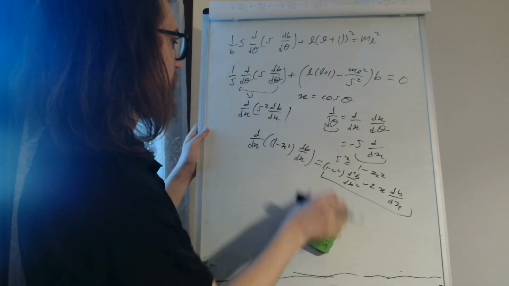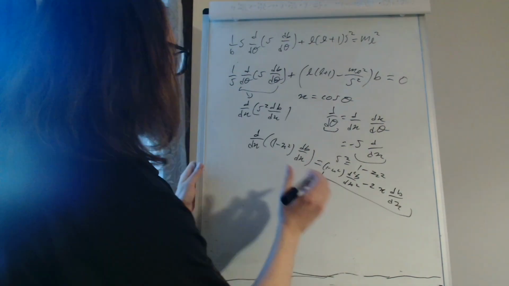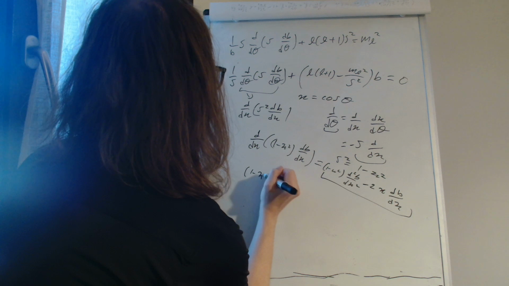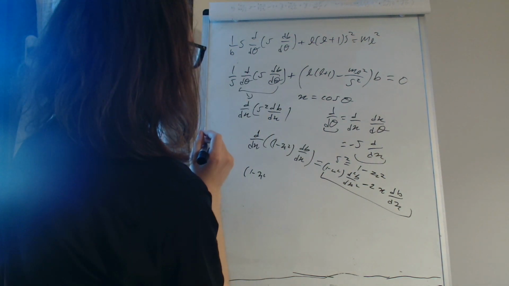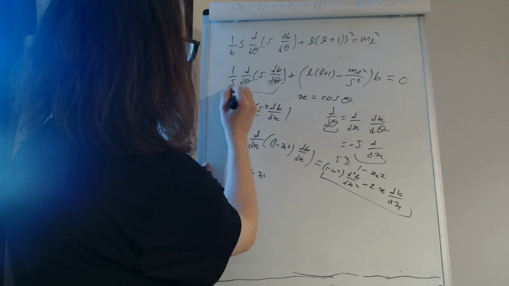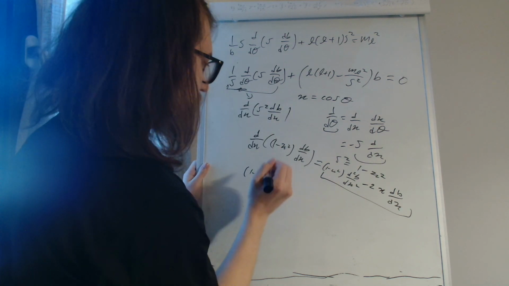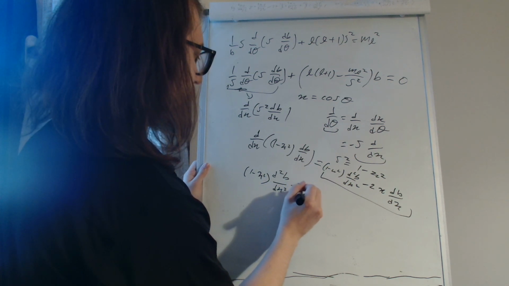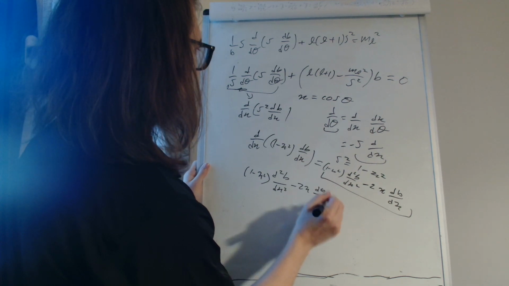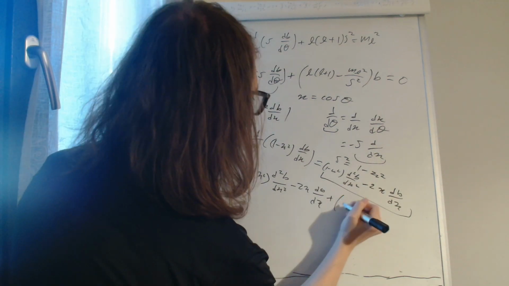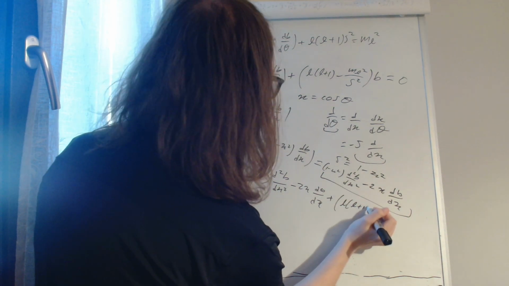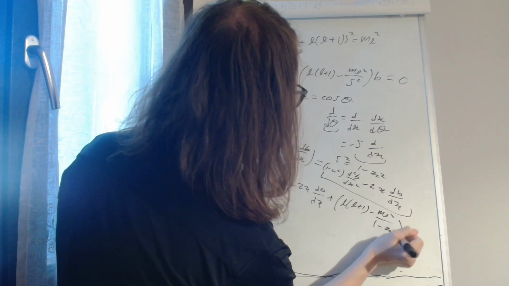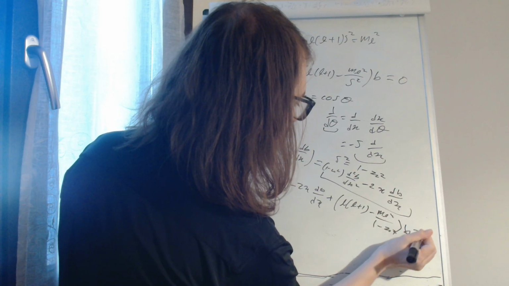So I can substitute this term here and I get the equation 1 minus x squared times d²B/dx² minus 2x dB/dx plus L times L plus 1 minus ml squared divided by 1 minus x squared times B equals 0.